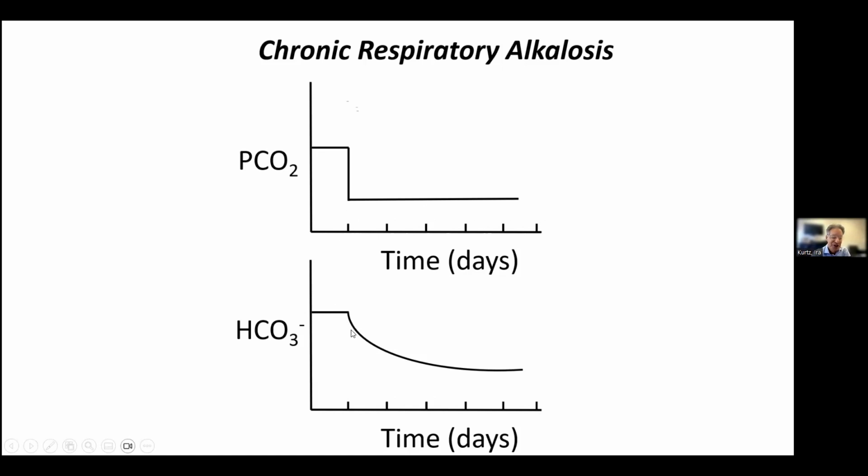In humans, there haven't been a lot of studies. Some of these studies were done by taking people up on top of mountains and looking at the generation and the maintenance of the chronic respiratory alkalosis, measuring what happens in the urine. It looks like there is some bicarbonate loss in humans, but it really hasn't been worked out.